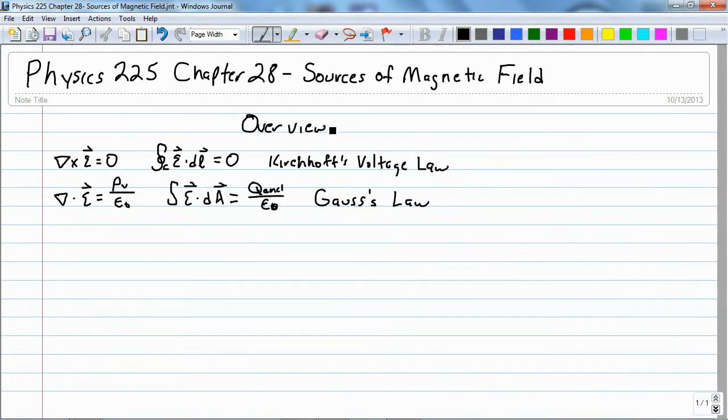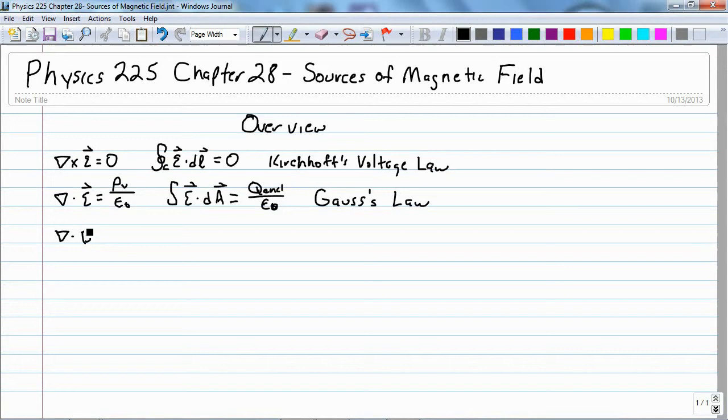Well, it turns out that the magnetic field has similar types of equations. And so the first of those equations has to deal with the divergence, I'm sorry, I keep saying dot product, I mean the divergence.